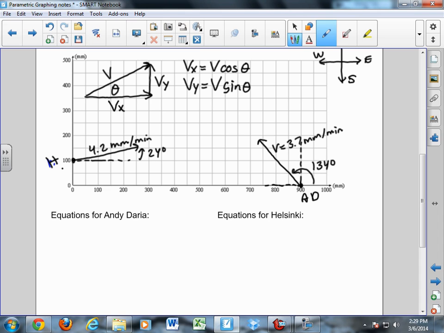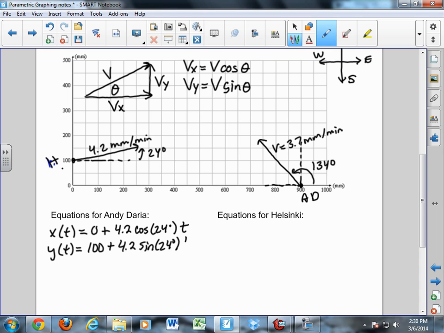So, equations for the Antaria: x of t is the initial x position, which is 0, plus the velocity in the x direction, which would be 4.2 cosine 24, and then t. Make sure the t goes outside of the cosine function. y of t then would be the 100 plus 4.2 sine of 24 degrees, times t.